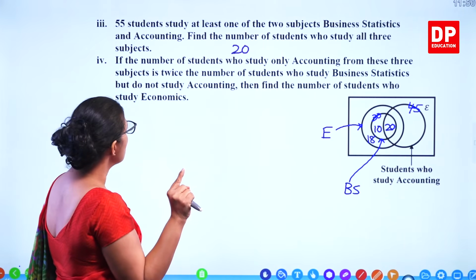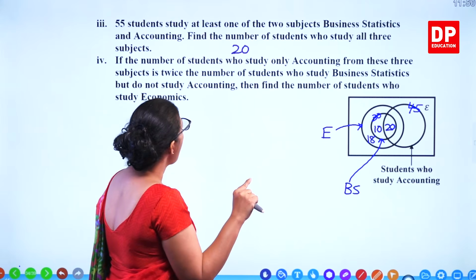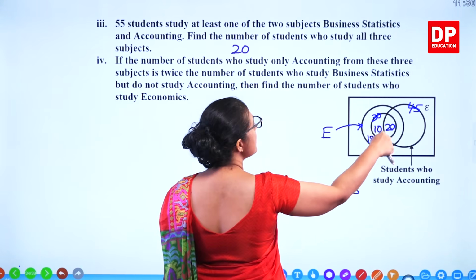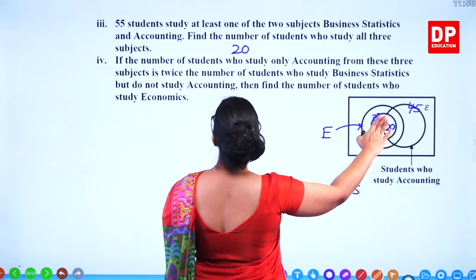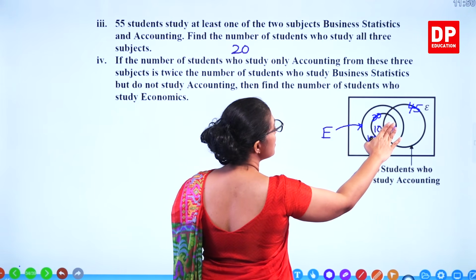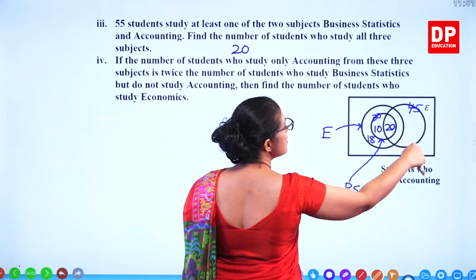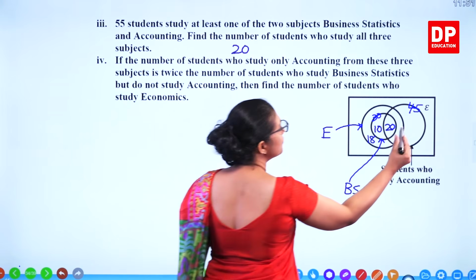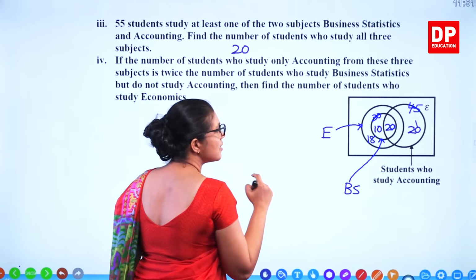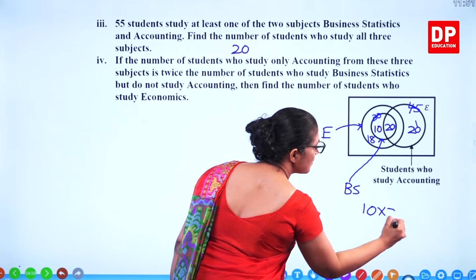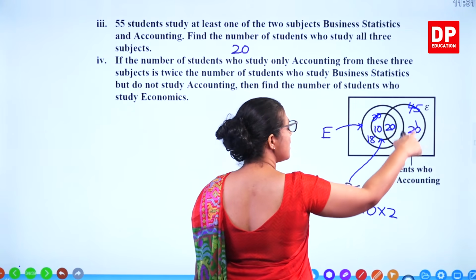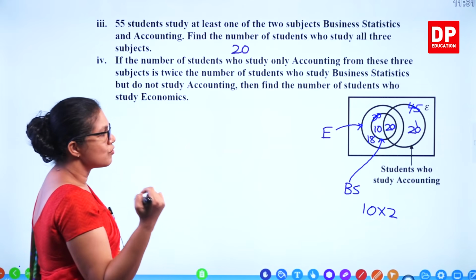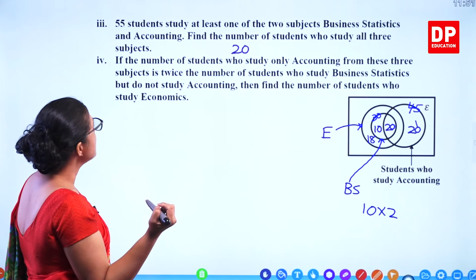That means this one. So 10 is there. So double of that. So what is this region? 10 times 2, that's 20. So only studying accounting is double of this 10.